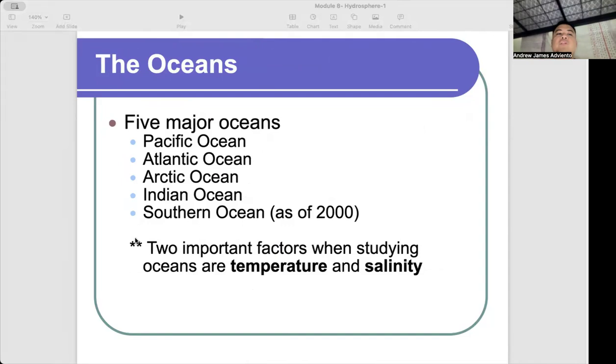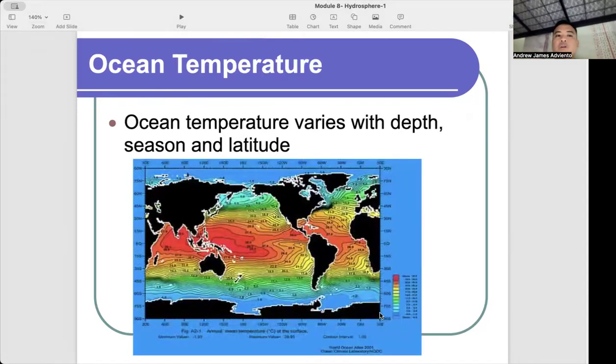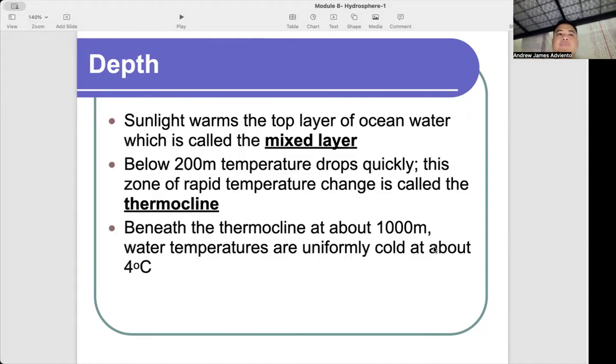Now let's talk about the ocean. There are five major oceans on Earth: the Pacific, Atlantic, Indian, Arctic, and Southern. Two important properties, of course, are the temperature and salinity, or saltiness. Those are also important properties of the ocean and the ocean layers.